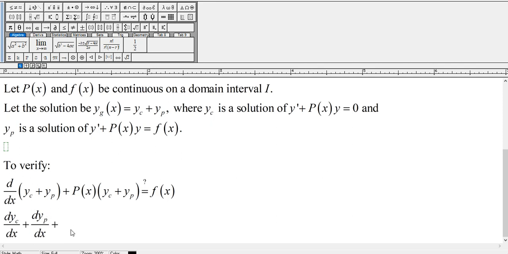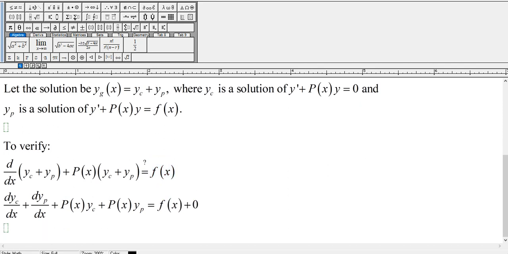And then plus p of x times y common, and then plus p of x times y p. And that would equal f of x. And I'm going to say f of x plus 0. You'll see why in a second.